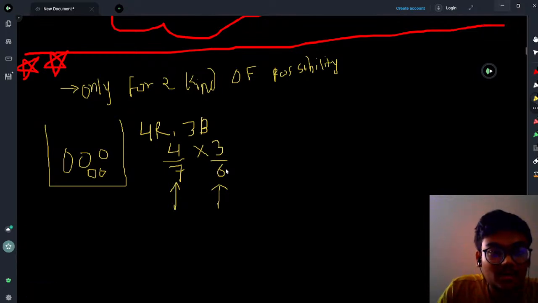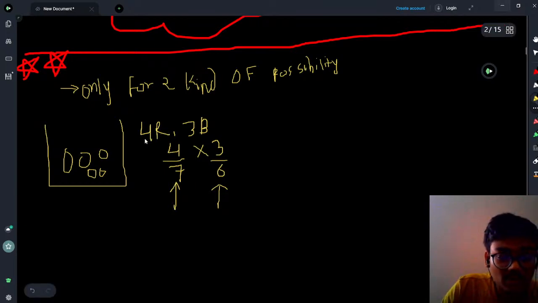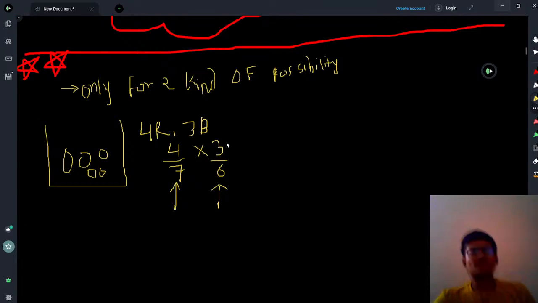So we are getting a different probability, so this kind of event is called a dependent event. Means if we are removing one red ball, then the output of the second red ball will be affected. So this kind of event we do not use in a binomial distribution.